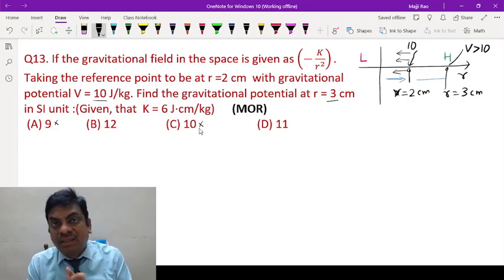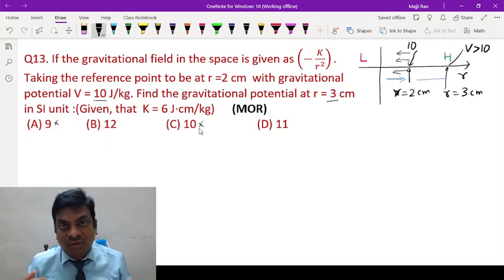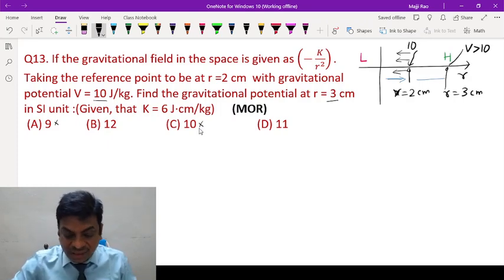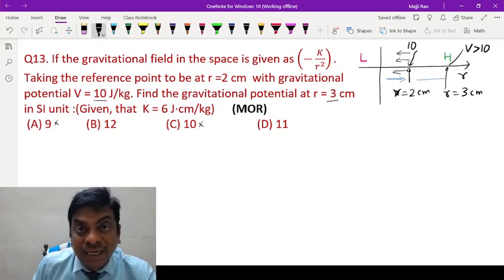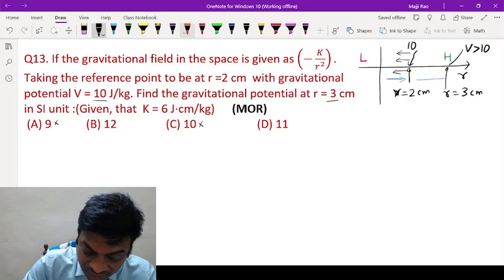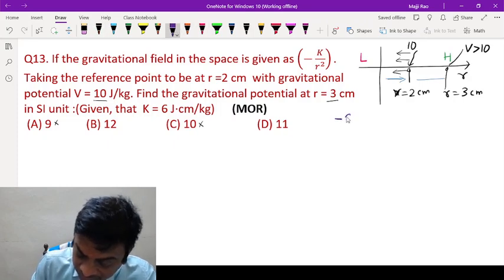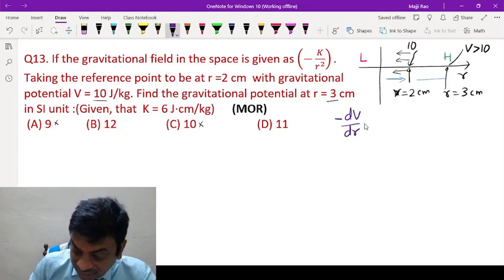Whenever you go against the field, potential increases. And if you go in the direction of field, potential will decrease. So we are left with options B and D anyway. So the basic formula states minus dV by dr, that is negative potential gradient, is equal to the field.